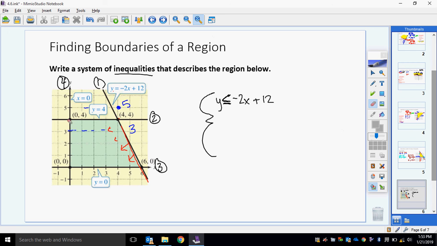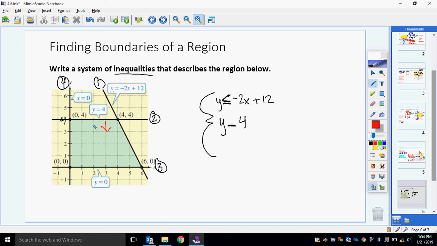Let's jump to the second one. It's a horizontal line, and horizontal lines are y equals a number. What number is it crossing the y-axis at? Well, that'd be the number 4. Now we need to decide the inequality symbol. It's a solid line, so I know it's an or equal to. I just need to decide, is it less than or is it greater than? Again, let's test out some y values.